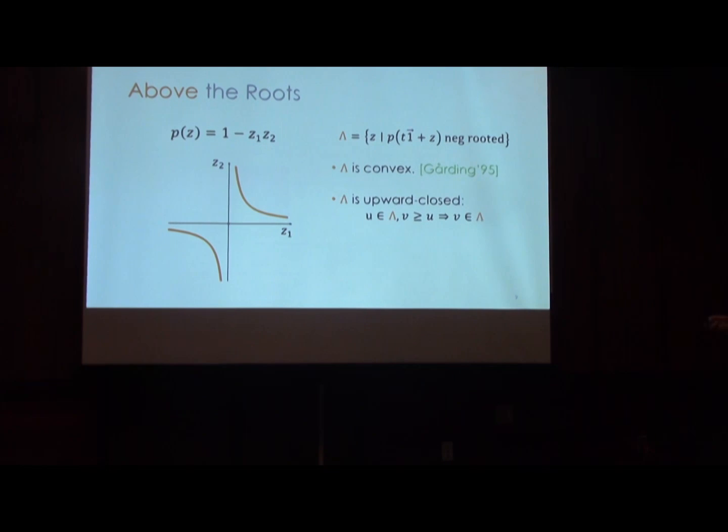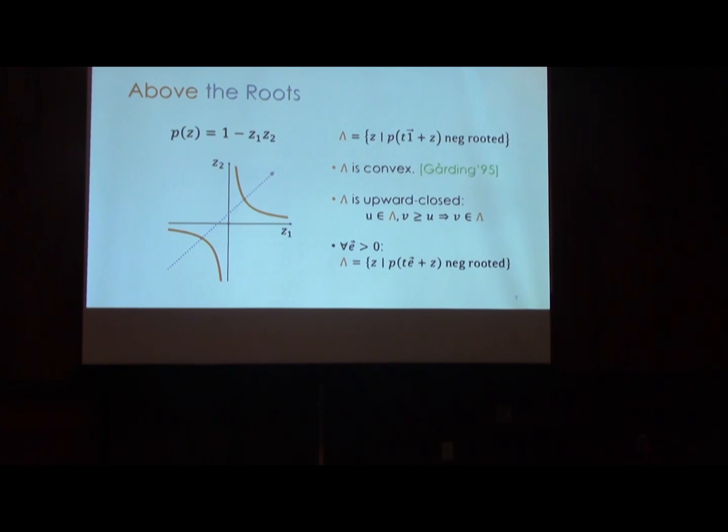So if a point is inside and I increase all of the components of that point, I'm going to still be inside this region. And this is just saying that the direction that I take doesn't matter. For any other vector E, you could have looked at the linear restrictions in the direction of E, and you would have still gotten the same region.